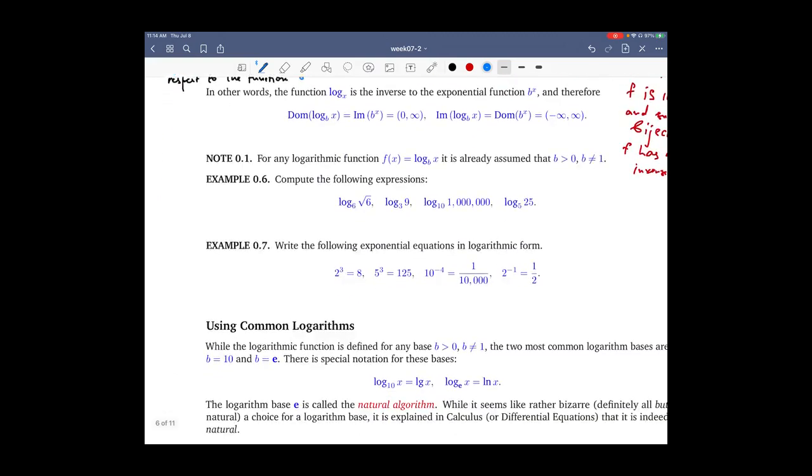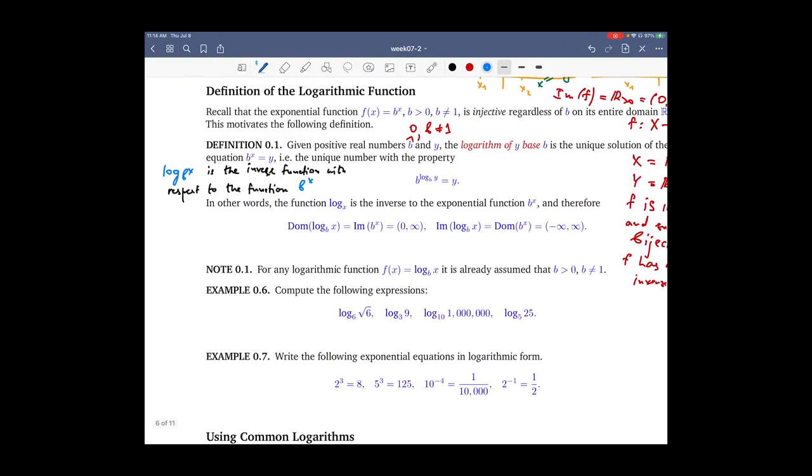As we know, there's a close relationship between the domain and range of a function and its inverse.